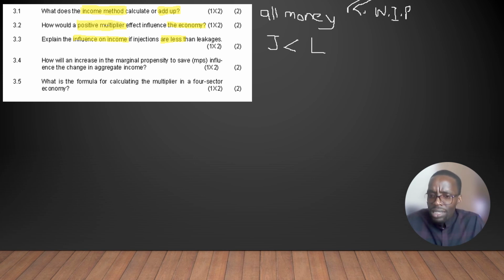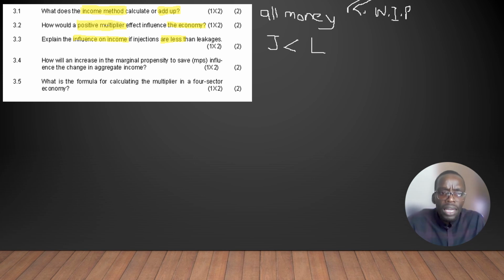And if more money is leaving the circular flow, then we are going to have less income that is being generated by the economy. So if you had said it will lead to less income being generated by the economy, then I'm going to accept that as correct, and those are your 2 marks there.